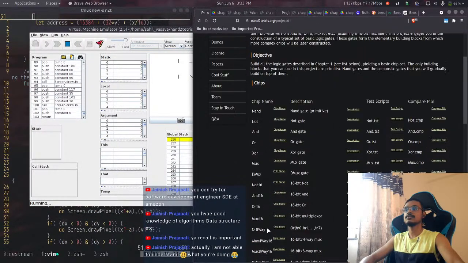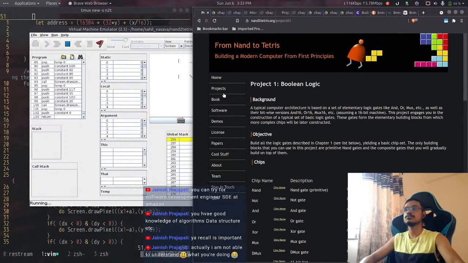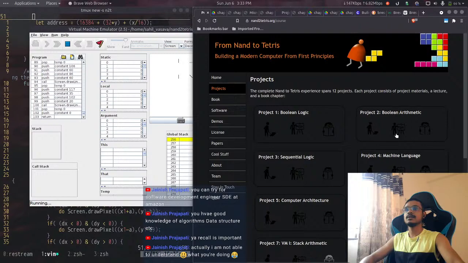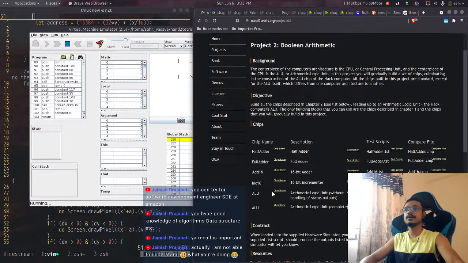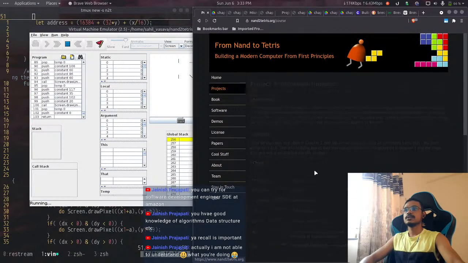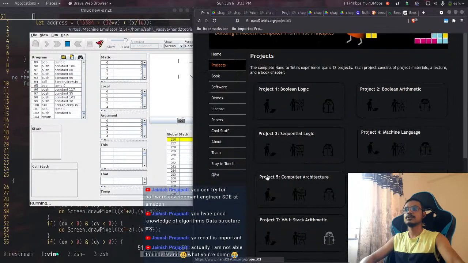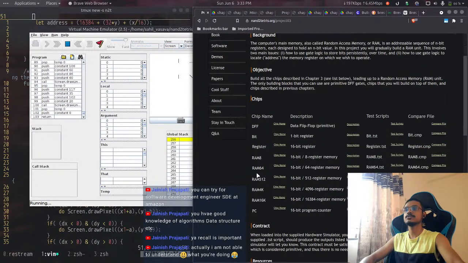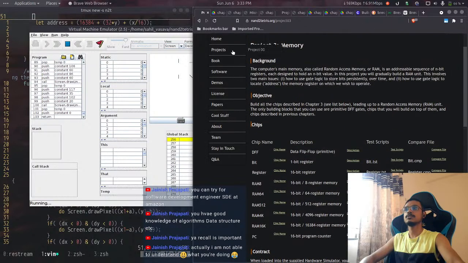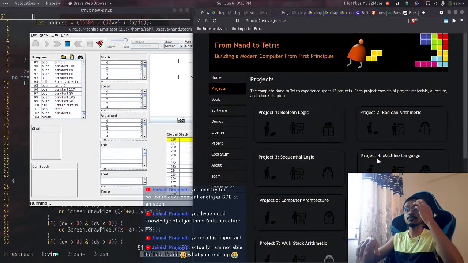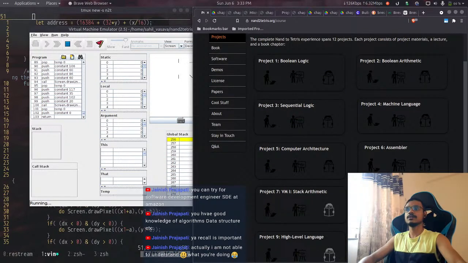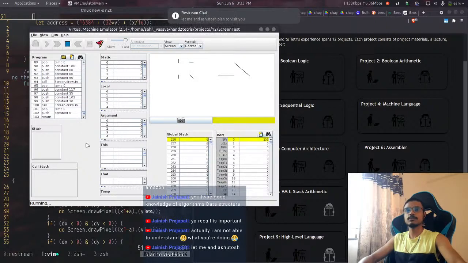I created chips like mux and so on, and after that I created adders, half adder, full adders, and incrementer and ALU as well, and a memory unit like RAM register, and a program counter. And finally I put together all of this stuff, and there you have it, a working CPU. And after that I created an assembler which converts this kind of code into assembly.